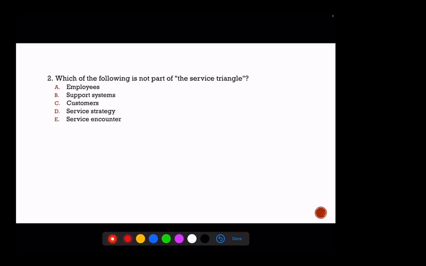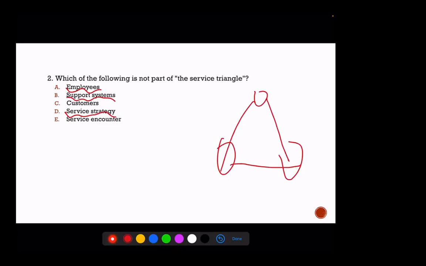Emily, you got the correct answer. Service encounter is not in the service triangle. So we have employees, we have system, we have customer, we have service strategy. They are the 3 points of this triangle, and the customers in the center, and no service encounter. Okay, now let's move to the next one.